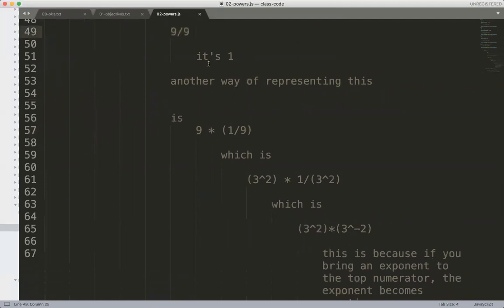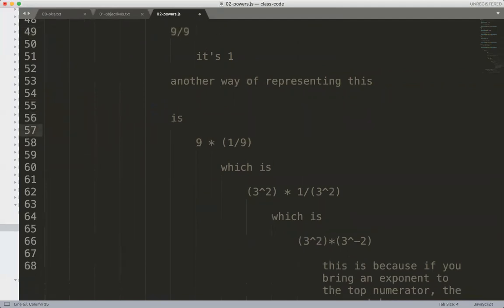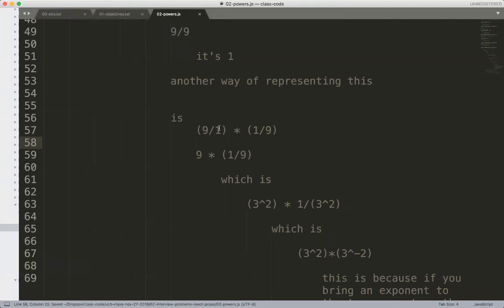I guess I could put an intermediary step right here. 9 over 1 times 1 over 9. Right? 9 over 1 times 1 over 9 is 9 divided by 9. That's another way of representing it.